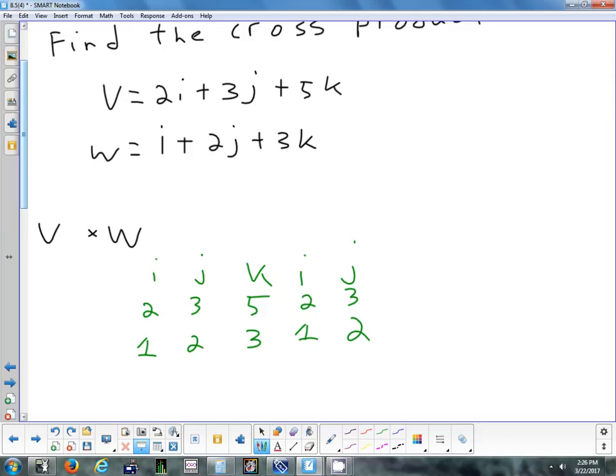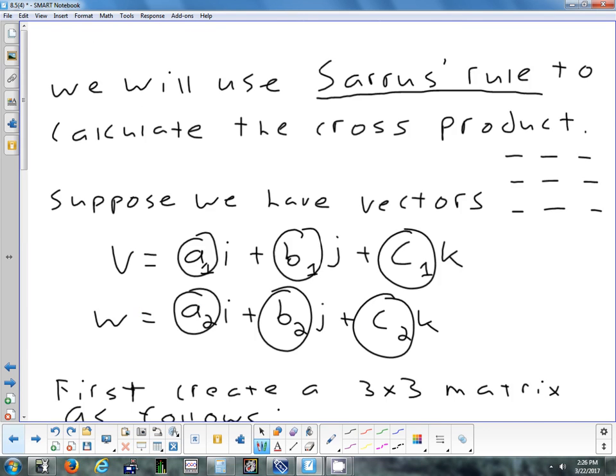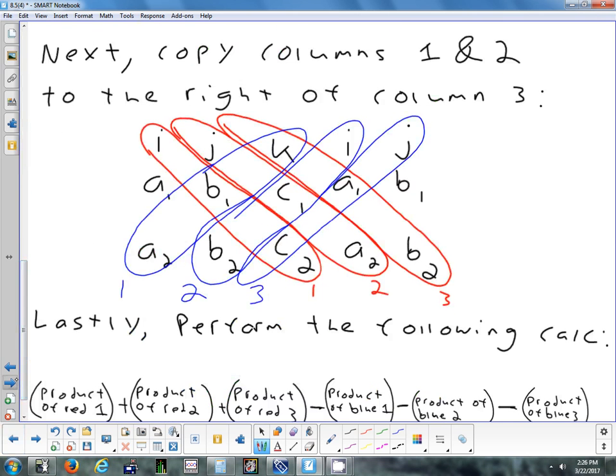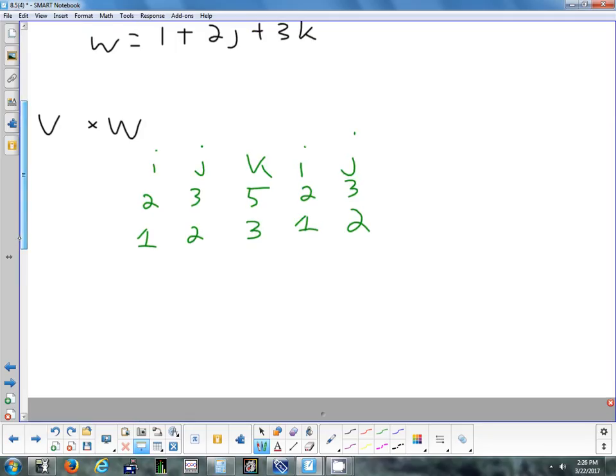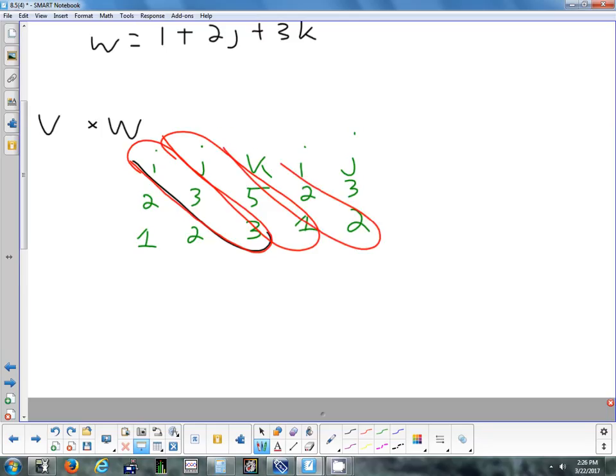Okay, now all you have to do is multiply the diagonals, but you got to remember which ones you add and which ones you subtract. The ones that go down and to the right, you subtract. Okay, so I'll circle them in red just like I did on the other page. Let's try red. There's 1, 2, 3.